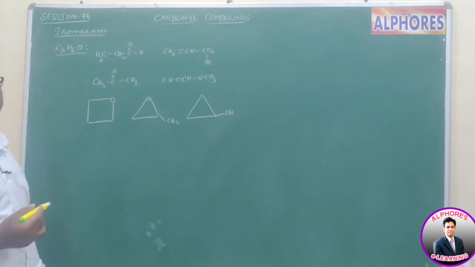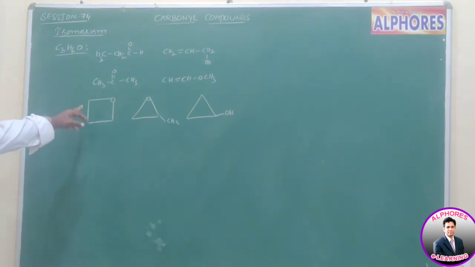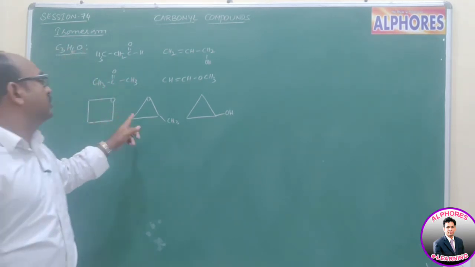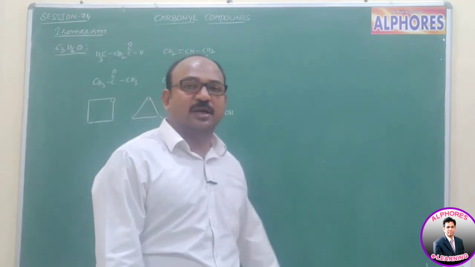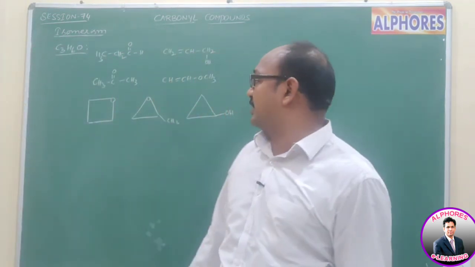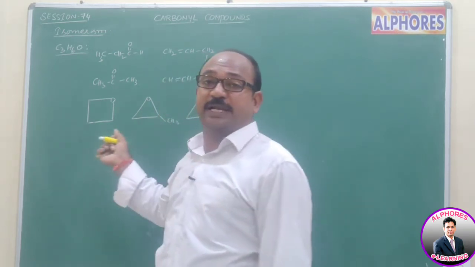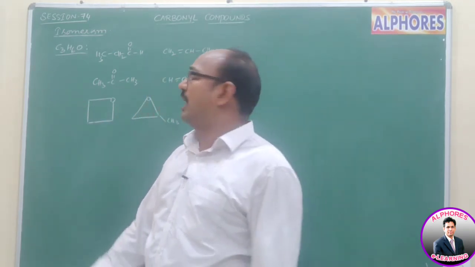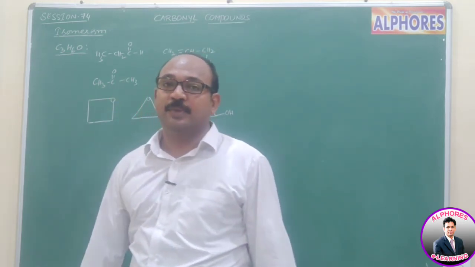One is a 4-membered ring, another one is a 3-membered ring, another one is a 3-membered ring. So CH3, OH like that. All these are having different functional groups, right? So these three are possible for cyclic isomers, and acyclic isomers like this.